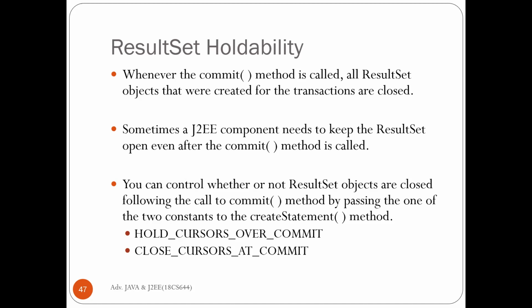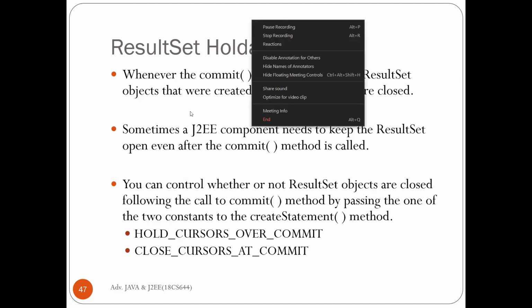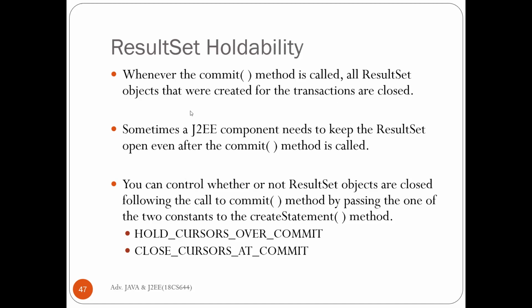But sometimes in a Java program, we may need the result set objects even after we complete the commit method. In that case, we need holdability. Now we can control whether the result set objects should be closed or not when the commit method is called.